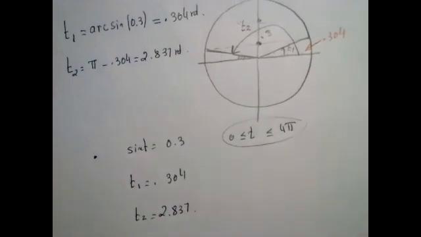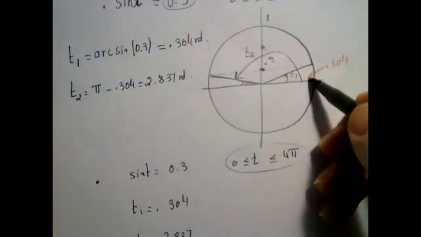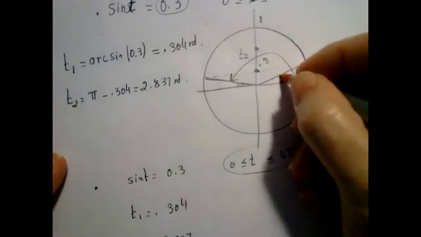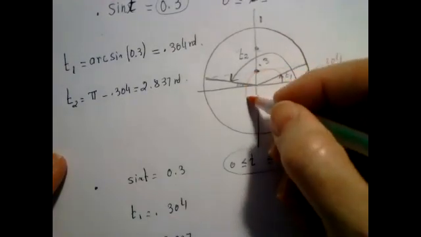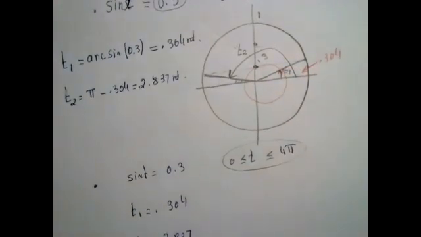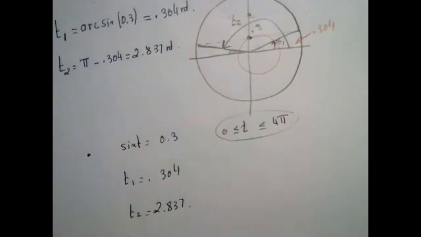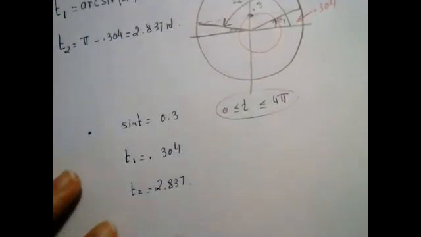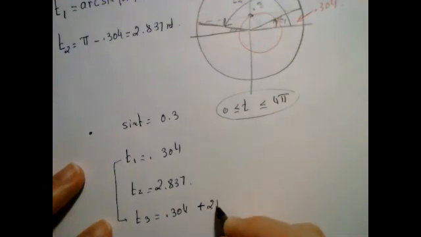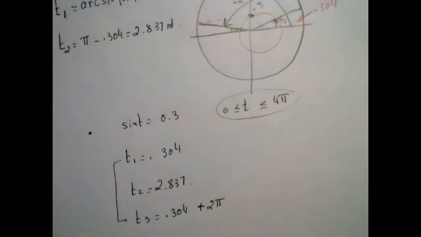If I want more, I say, okay, T1 is a solution. Another one could be obtained by starting from this and going around a full circle, wrapping around the circle. The value of the sine will not change. So the third value is going to be the first one, add 2 pi to it, and I will have a new solution.